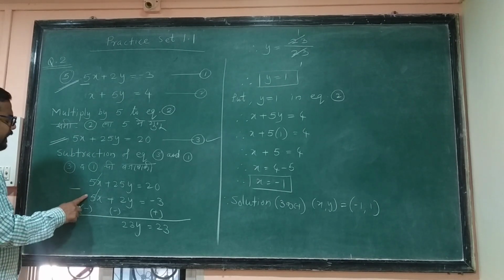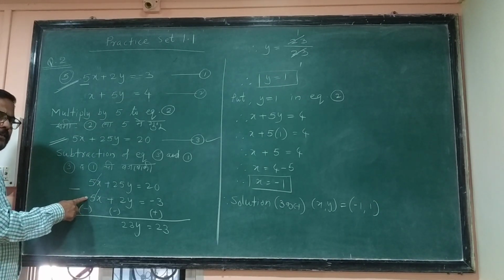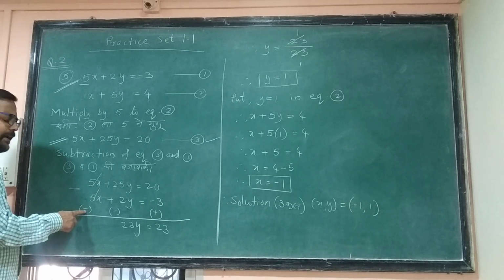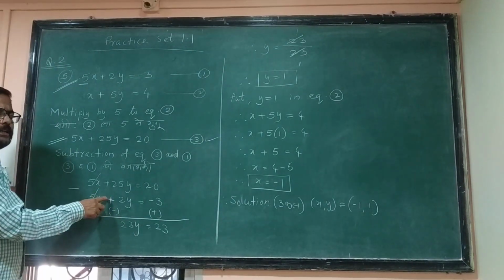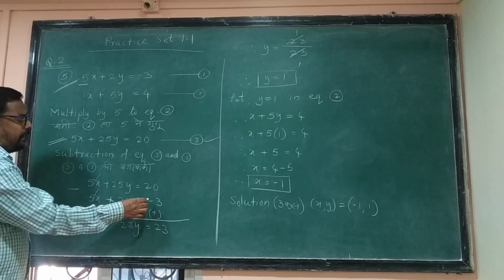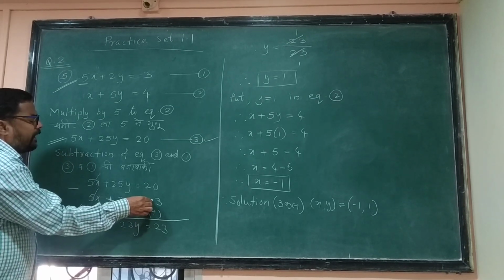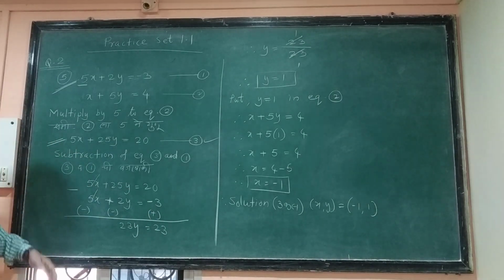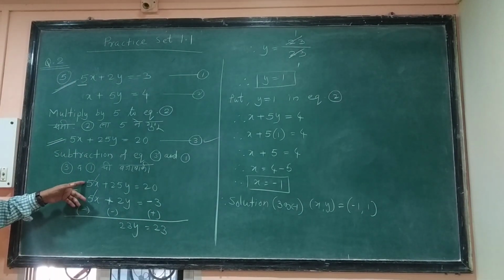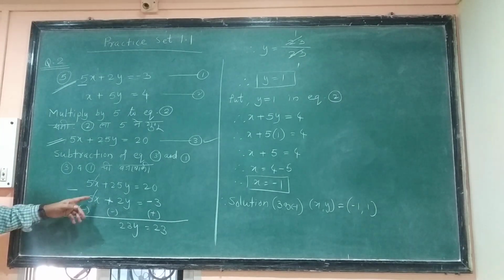See here is plus 5x, it is changed into minus. Here the plus is changed into minus, and here you can see there is already a minus sign and it is changed into plus. Here is 5x, here is minus 5x.